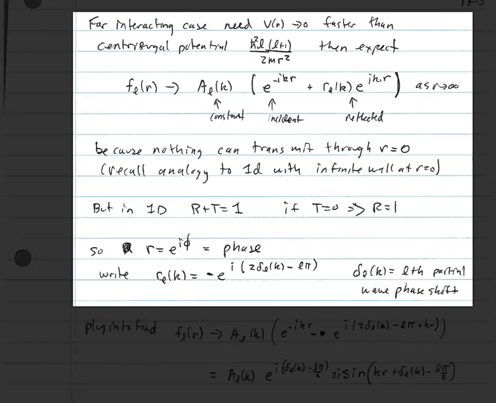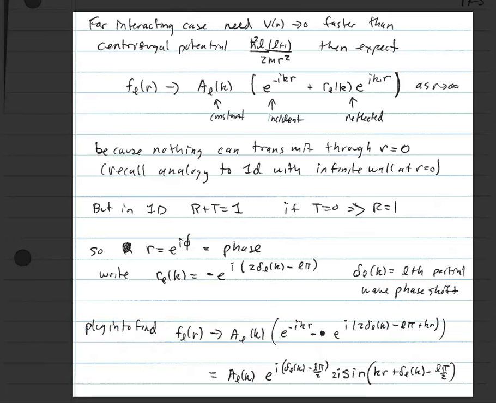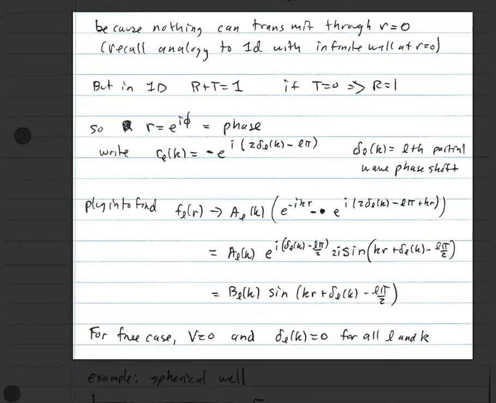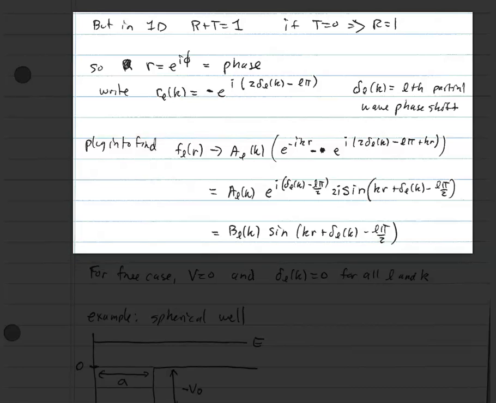So if we plug that into the expression, what we find is we can rewrite that scattering wave, the e to the minus ikr minus r e to the ikr. We can rewrite that as A_L of k e to the i delta_L of k times 2i sine of kr plus delta_L of k minus L pi over 2.